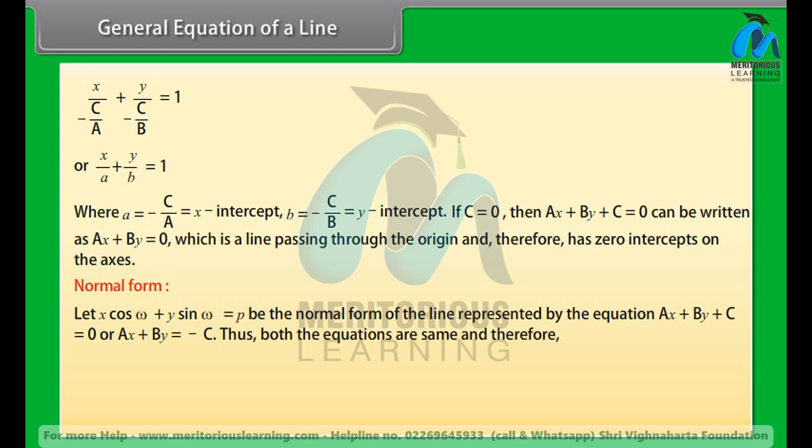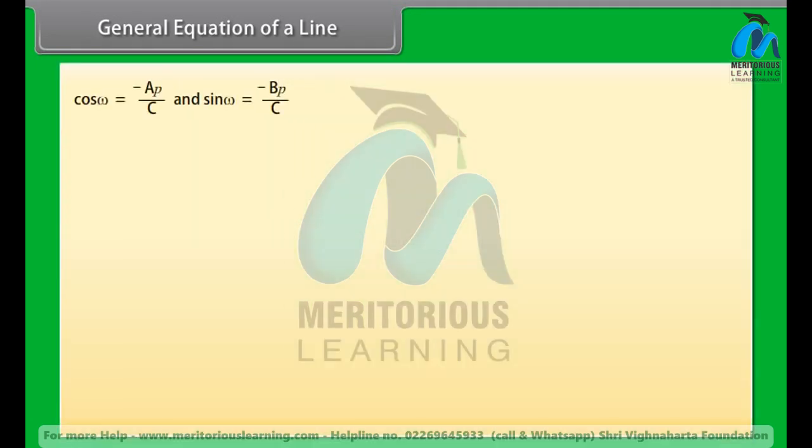Thus both the equations are the same, and therefore a by cos omega is equal to b by sin omega is equal to minus c by p, which gives cos omega is equal to minus ap by c and sin omega is equal to minus bp by c. Now sin square omega plus cos square omega is equal to 1, so minus ap by c whole square plus minus bp by c whole square is equal to 1.